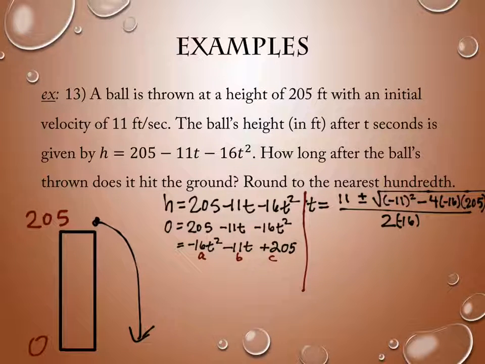Big numbers. Somebody simplify underneath the radical for us. What is negative 11 squared minus 4 times negative 16 times 205? 13,241. The denominator is negative 32, right?